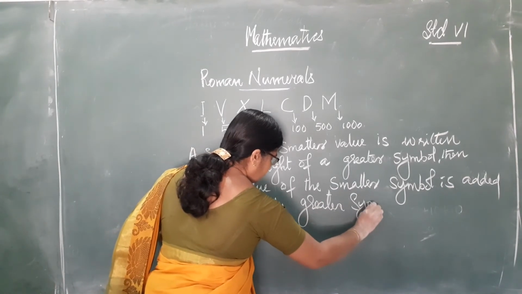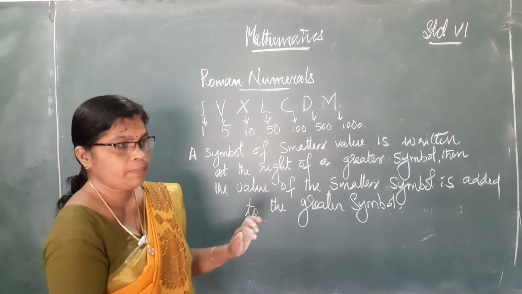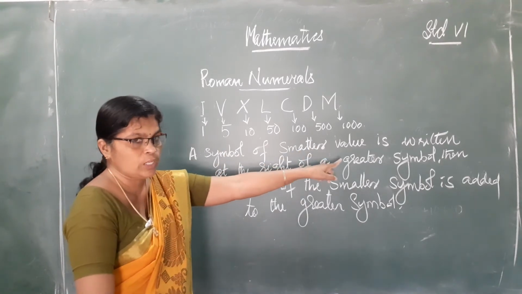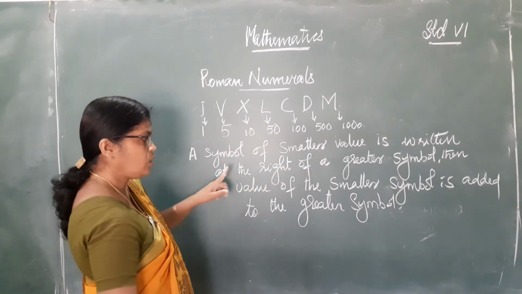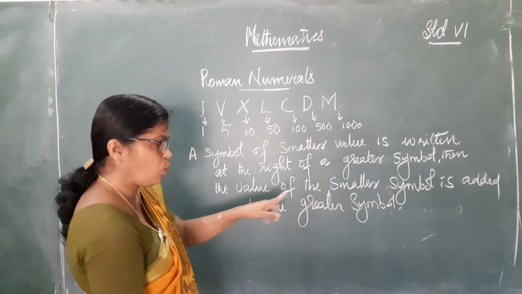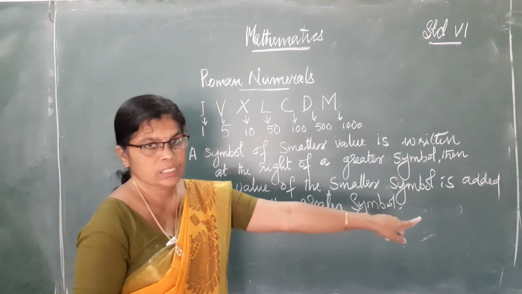See once again, if a symbol of smaller value is written at the right of a greater symbol, then the value of the smaller symbol is added to the greater symbol.